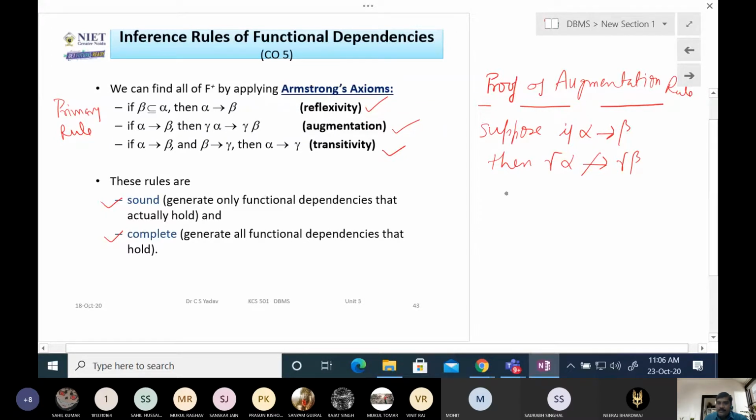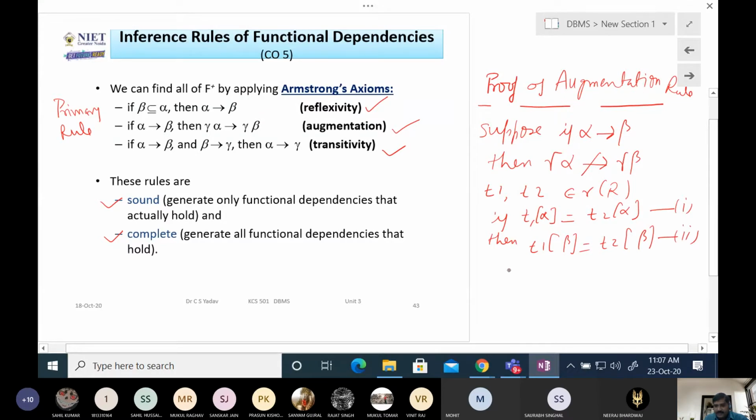Now, for any two tuple pair T1 and T2 belongs to R of capital R, if T1 of alpha equal to T2 of alpha, this is equation 1, then if T1 of alpha equal to T2 of alpha, then T1 of beta equal to T2 of beta through the definition of functional dependency.